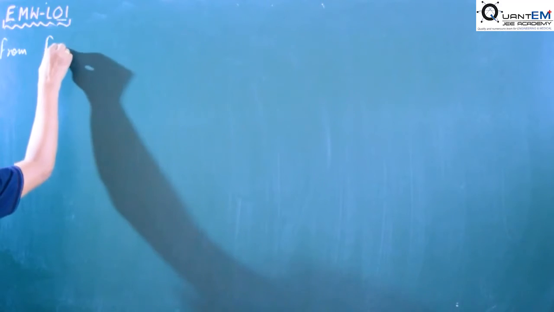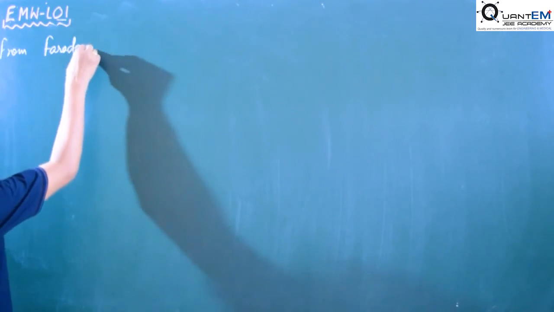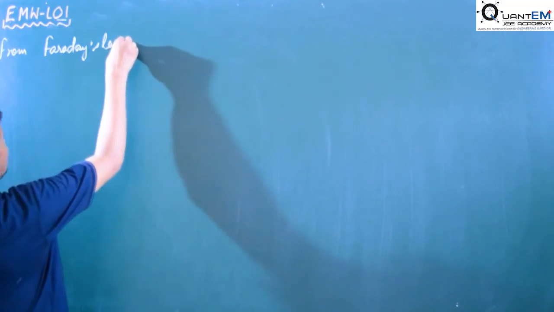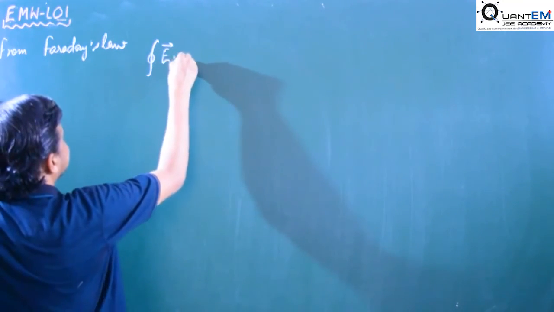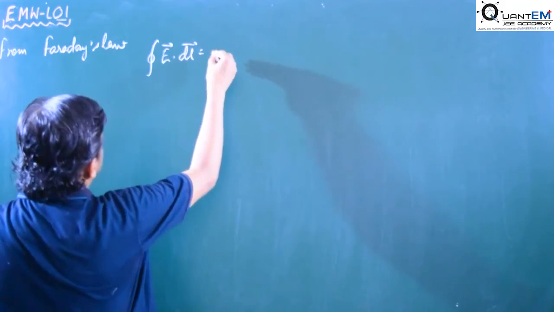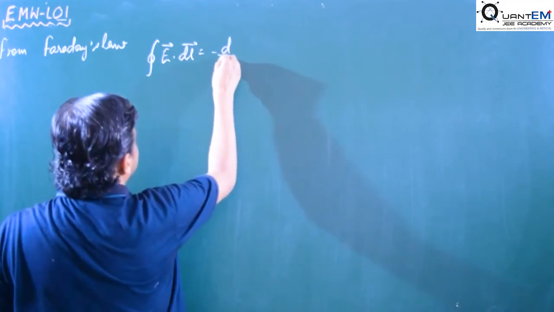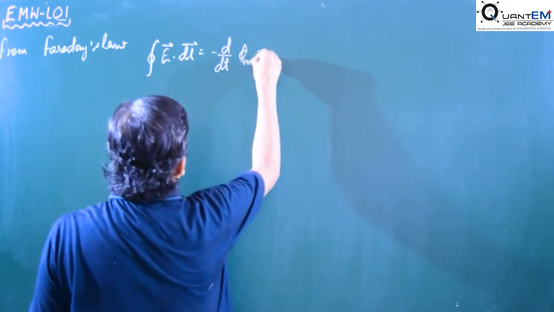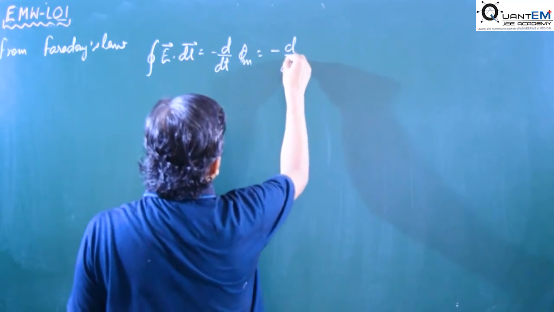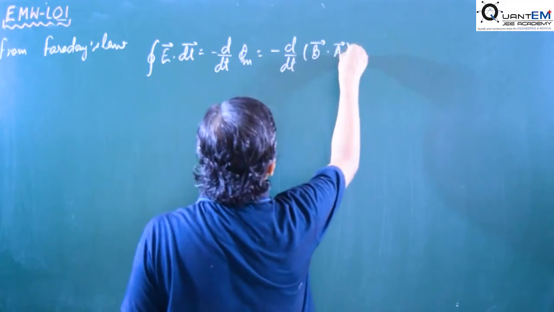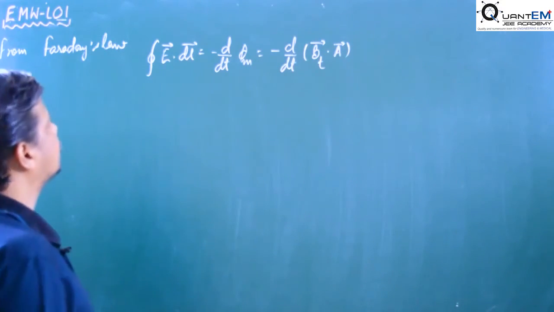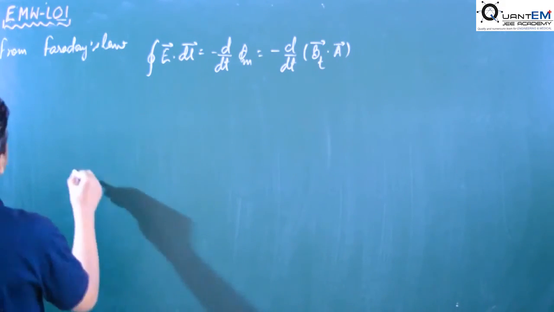See, from Faraday's law we have integral E dot dl is equal to minus d by dt phi m, that is also minus d by dt of B dot A. Magnetic field is a function of time here. So what we get?